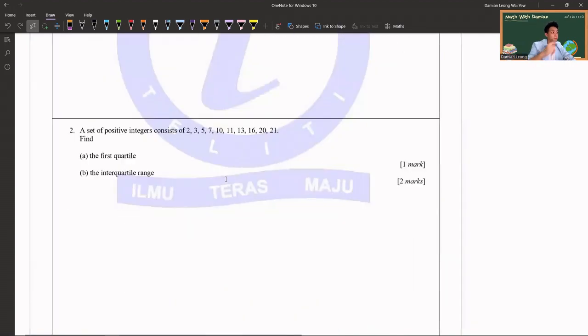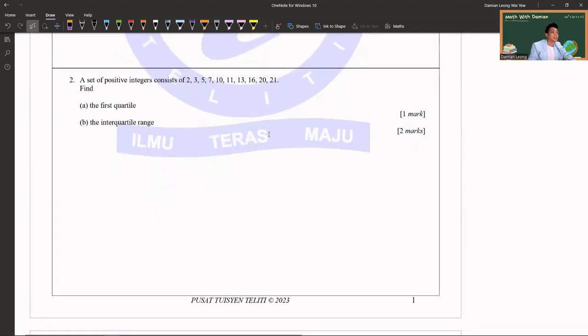Then question 2. Have a set of positive integers consisting of 2, 3, 5, 7, 10, 11, 13, 16, 20, 21. So find the first quartile. Okay, first quartile would be basically, the numbers are already arranged in ascending order.